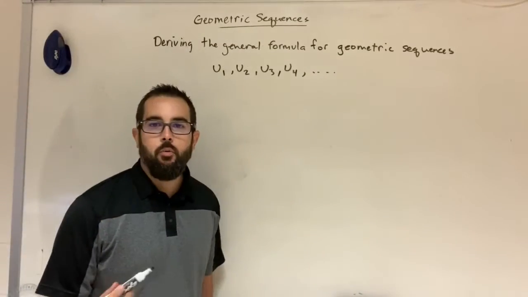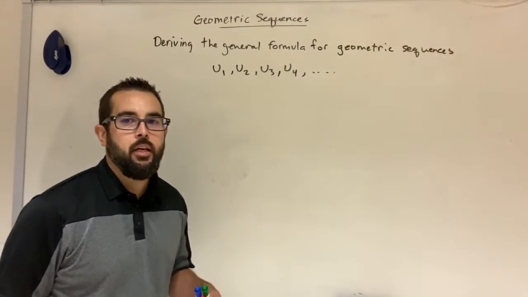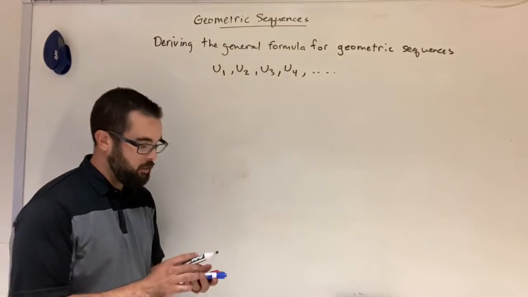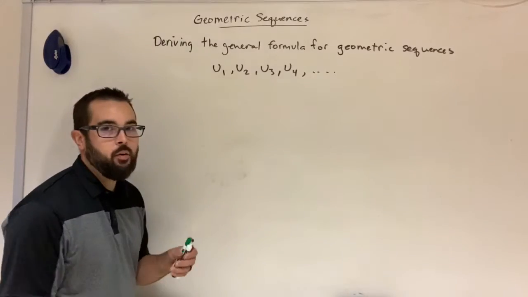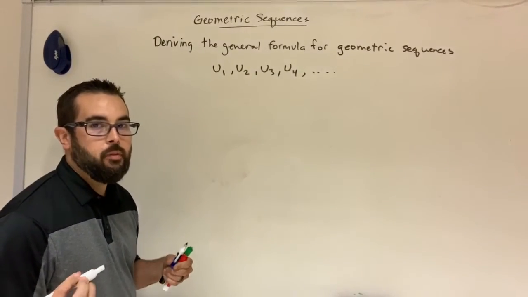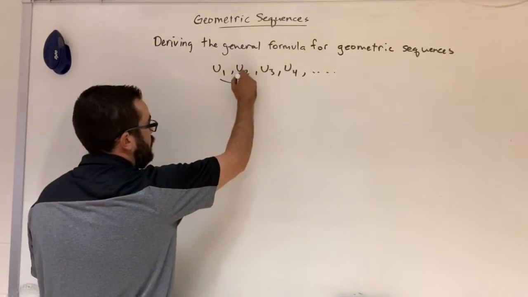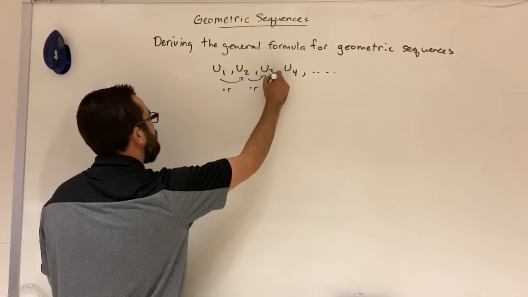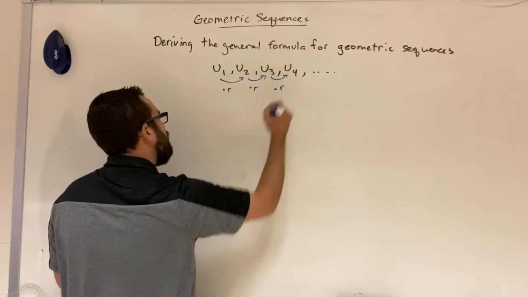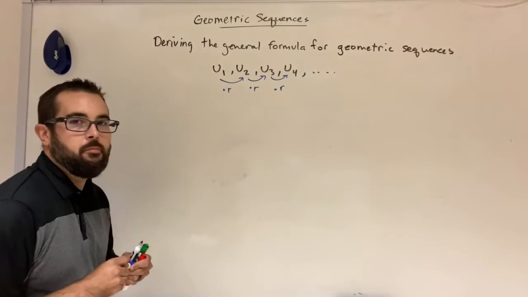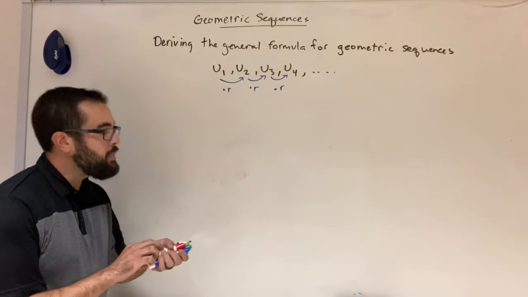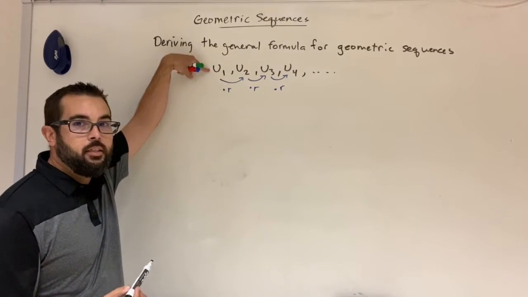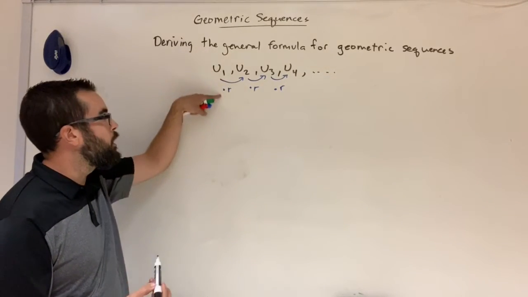So just like I did with arithmetic sequences, I'm going to derive the general formula for geometric sequences. I want you to understand where this formula comes from. We know if it's geometric that there's a common ratio r between each of the terms. Just like I did with arithmetic, I'm going to write this sequence in terms of u1 and r.